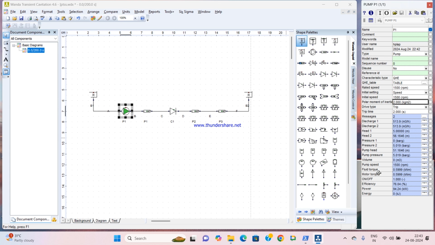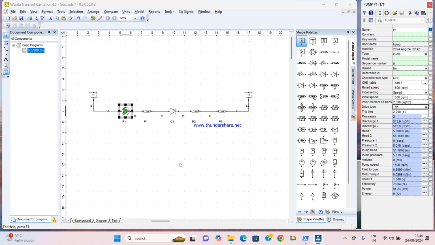Due to moment of inertia, it will rotate for some time. To avoid this transient, if you increase the GD square value of the impeller by adding some flywheel or something like that, then you can avoid it. Okay, then I am selecting the pump as a trip, and within 2 seconds the pump will trip.